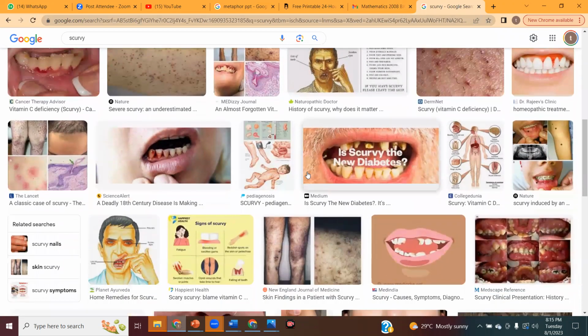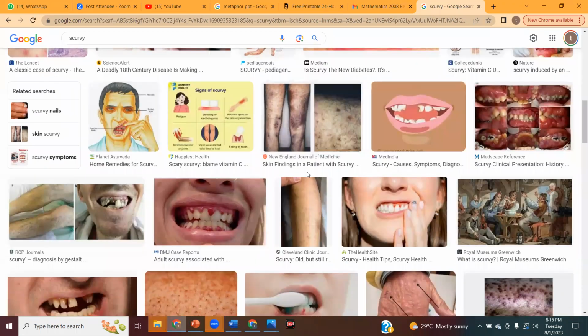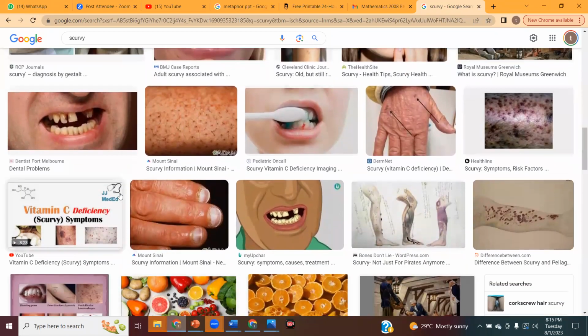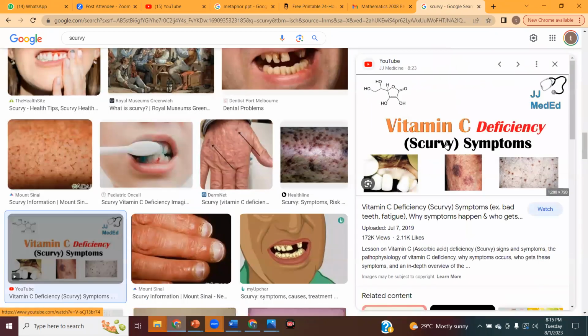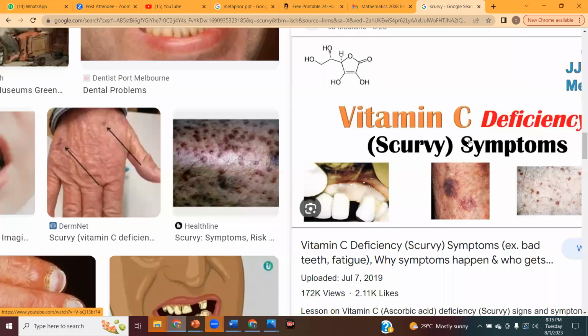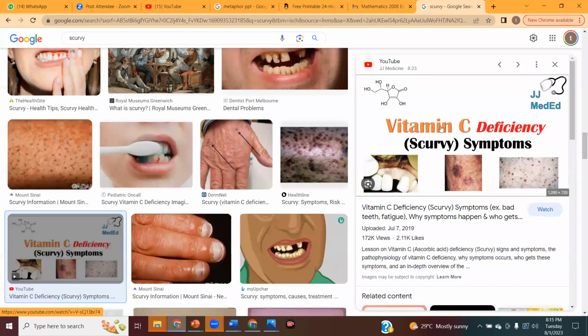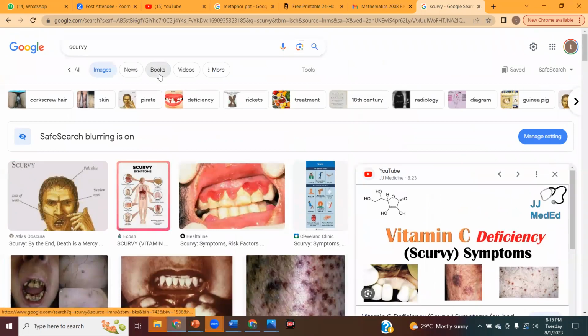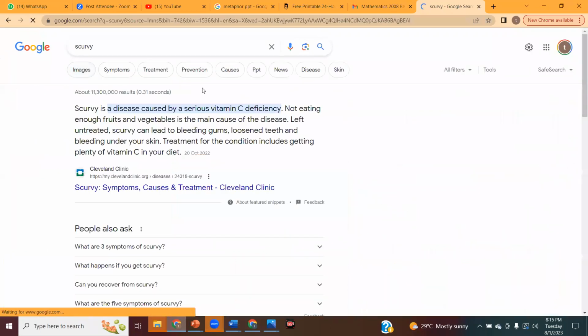But this is scurvy. It's not a pleasant sight, right? So in order to help with scurvy, what do you need? Vitamin C, right? So drink your orange juice, people.